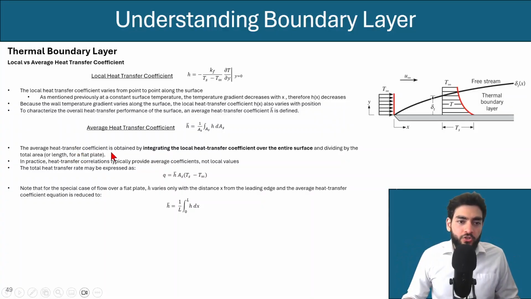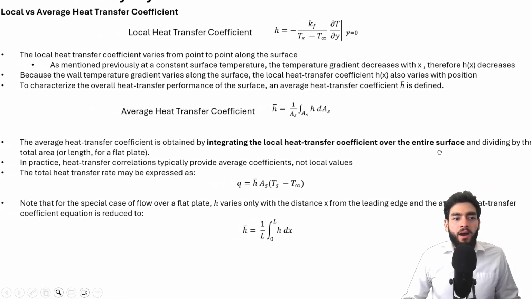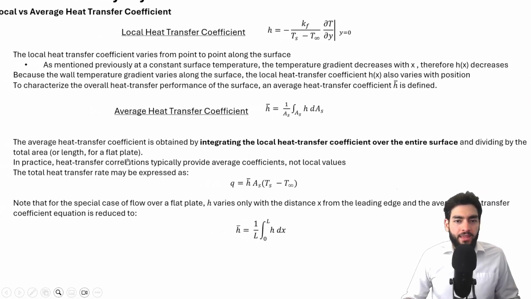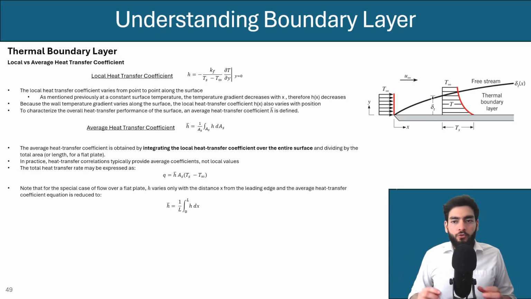So the average heat transfer coefficient is obtained by integrating the local heat transfer coefficient over the entire surface and dividing by the total area, or length for the case of a flat plate. In practice, heat transfer coefficients that you find from textbooks will be provided as average coefficients, not as local ones.